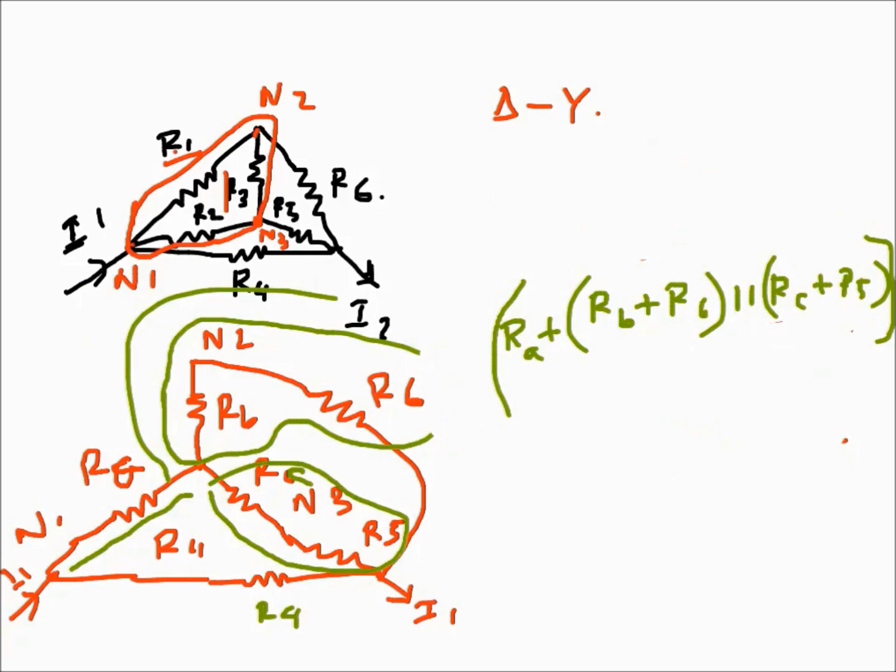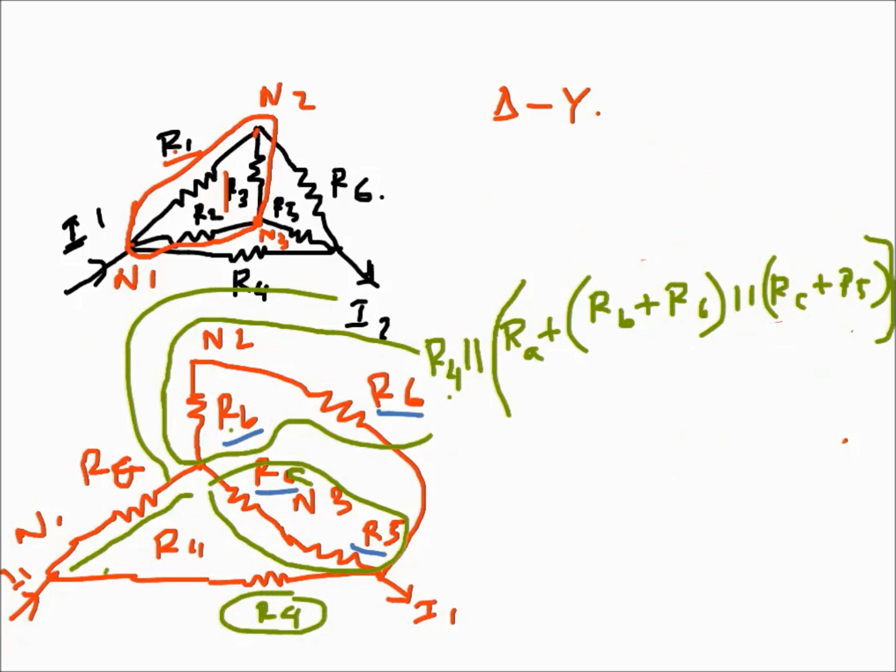So this whole part is in parallel with R4. So RB and R6 are in series, and that series arrangement is in parallel with RC and R5, which are in series as well.